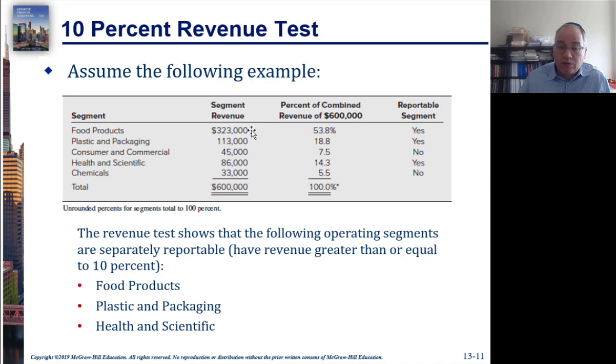So you go, say, 323 divided by 600 is 53.8, 113 divided by 600 is 18.8, and so on and so forth. And every time that this percentage is greater than 10%, you have a reportable segment. So in this case, food products, plastic packaging, and health and scientific are all considered to be reportable. Consumer, commercial, and chemicals is not.